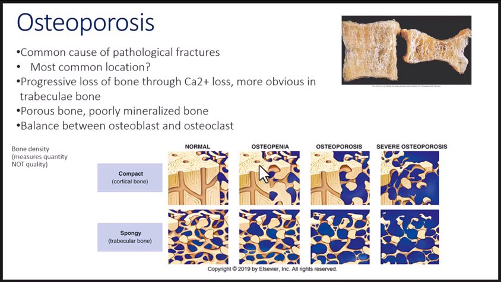Now, what I want you to make note of is that we have this term osteopenia here, just before osteoporosis. So this would be a continuum here. Somebody with normal bone can become osteopenic, then they can become osteoporotic, and then they could end up with severe osteoporosis over time if it's not managed appropriately.